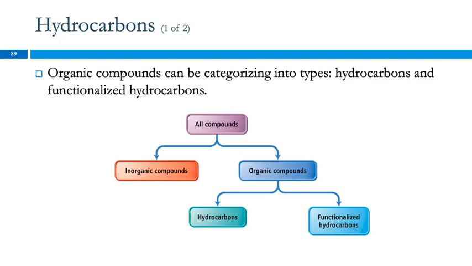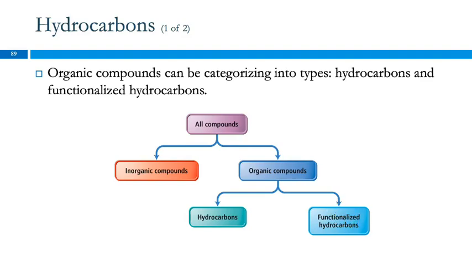So these are categorized. Again, we like the flow charts. We've got all the compounds, inorganic compounds, we talked about a bunch of those, and organic compounds. And then we can break these into groups, hydrocarbons and functionalized. Hydrocarbons have hydrogen and carbon. So if it's just carbon and hydrogen, it's one of those.